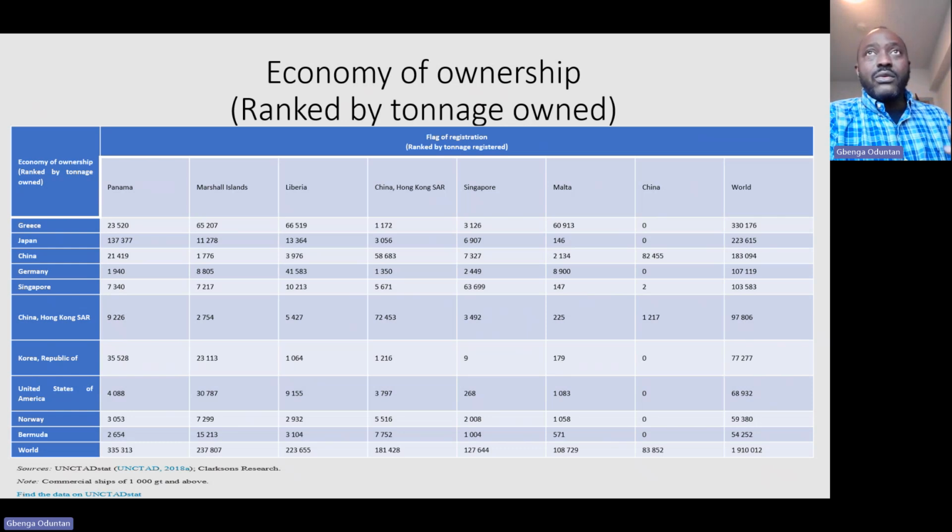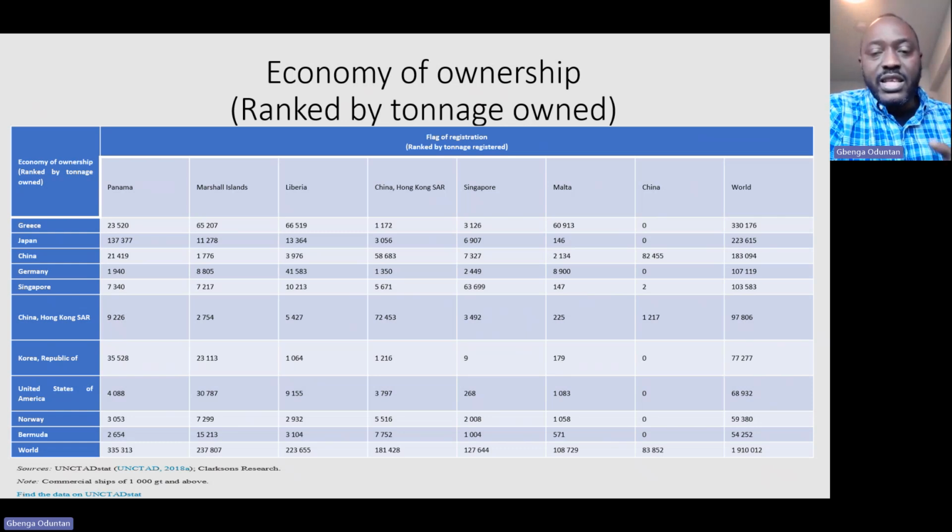Under the flag of convenience practice, owners of ships across the world look for certain states to do their registration, to register there only as a convenient way of escaping the heavy compliance that their own state would require if the ship or vessel is registered at home.